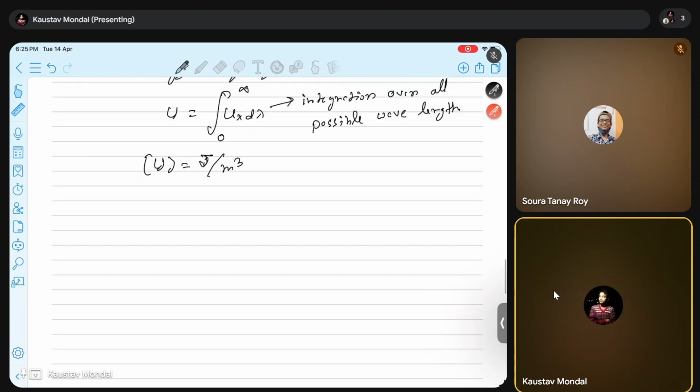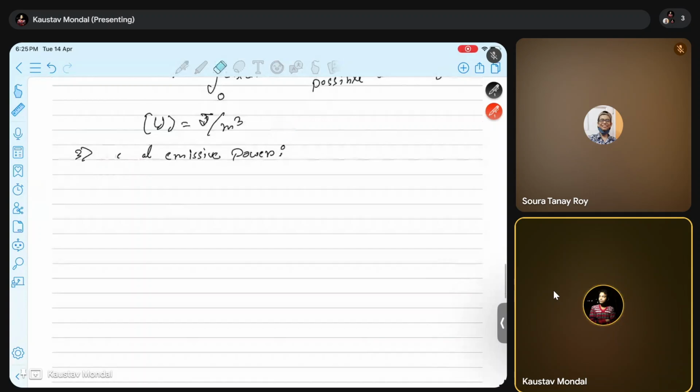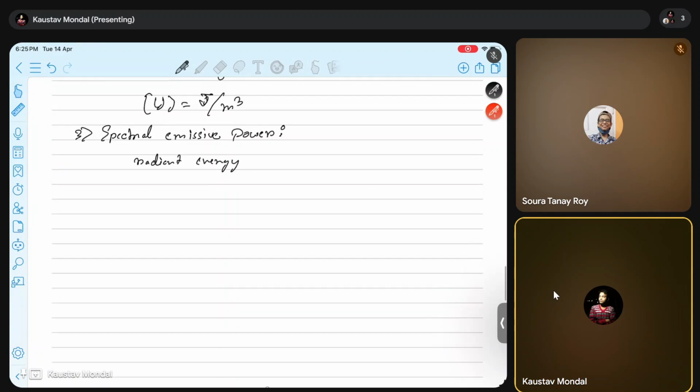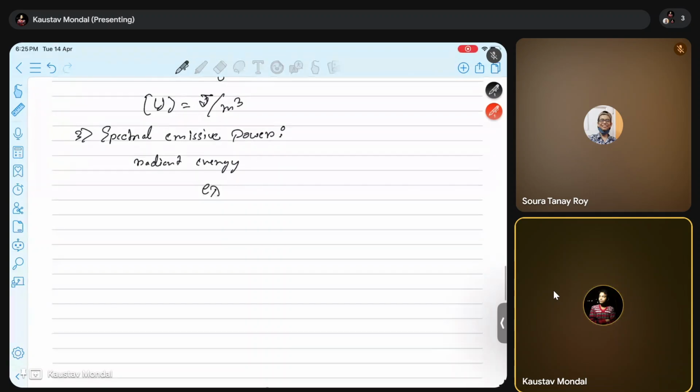Next is the spectral emissive power, basically written as E lambda.